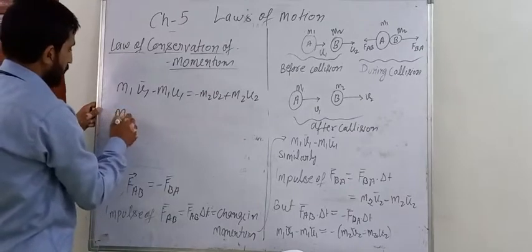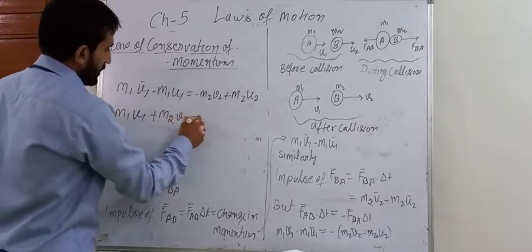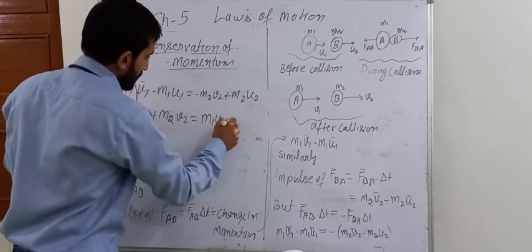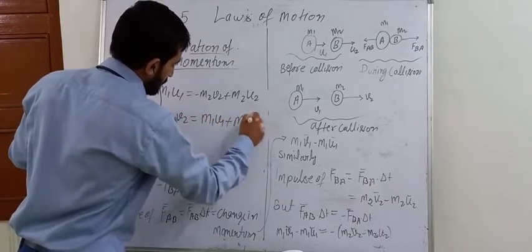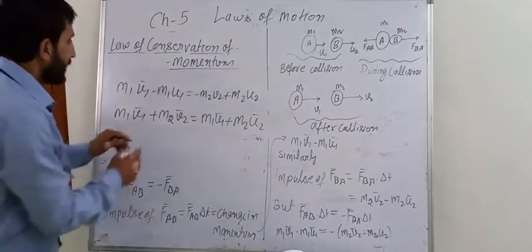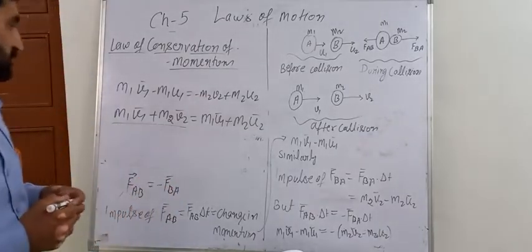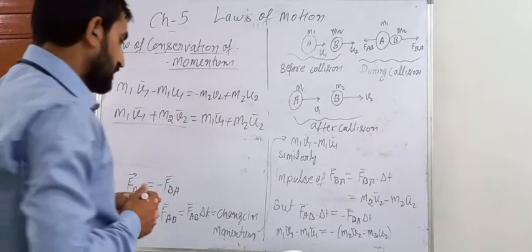Here M1 V1 plus M2 V2 will be equal to M1 U1 plus M2 U2. These velocities have particular directions. It is the total linear momentum. Understood? It is the total linear momentum after collision.